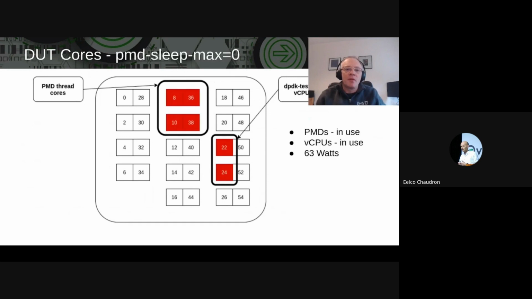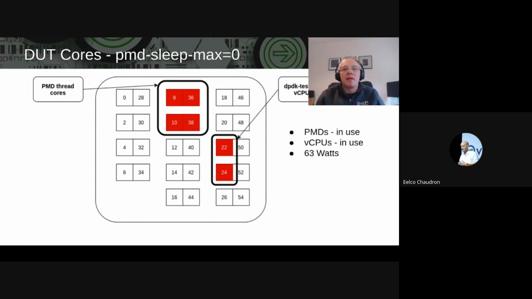When things are at full power with no sleep, I put the PMD threads as red to indicate that they're busy and in use, and the test PMD vCPUs are in use as well. And we were measuring 63 watts, so that was our base case.